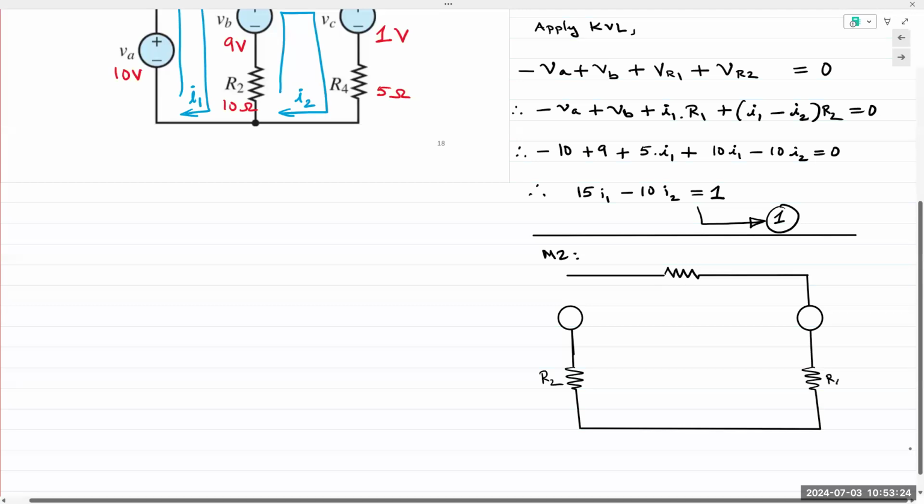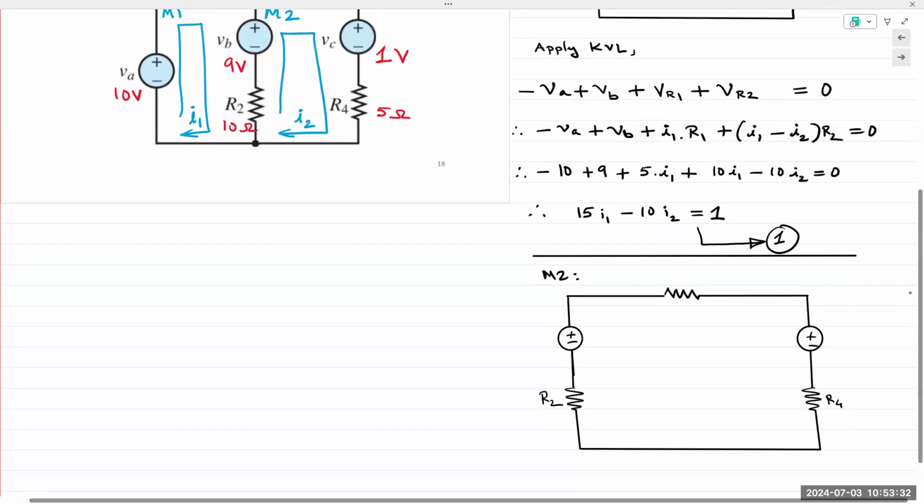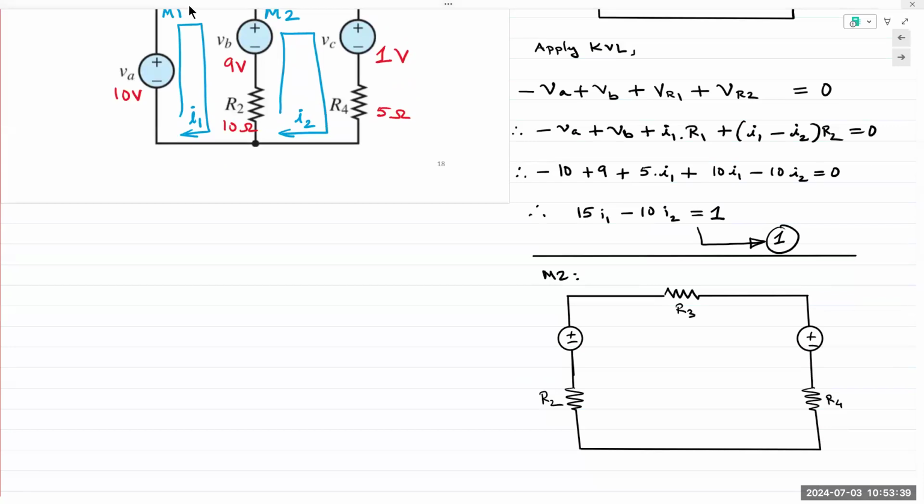R2, R4, plus minus, plus minus. Okay. In R3. Okay.